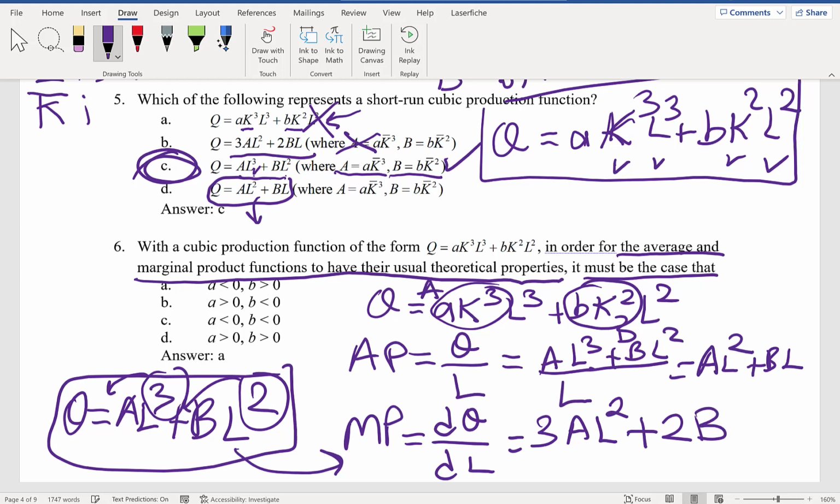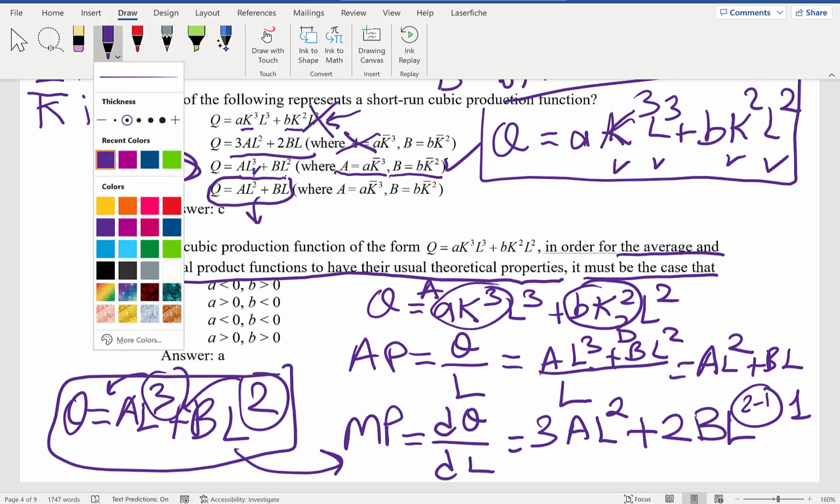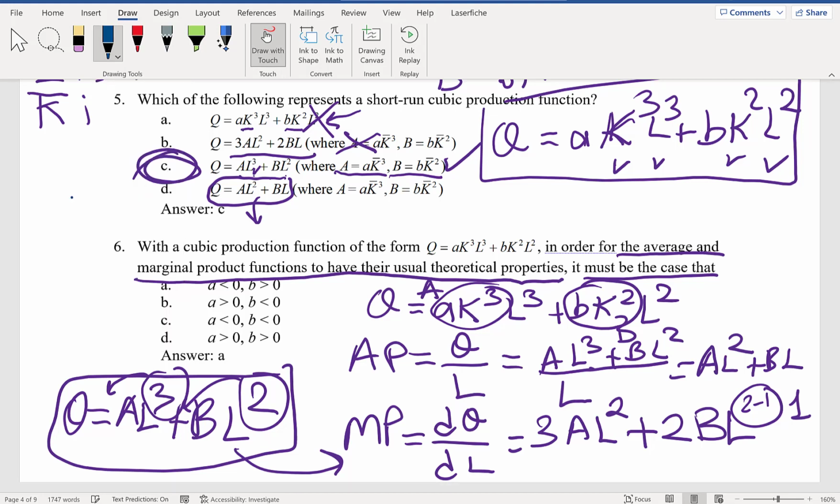That's all you need to know from differentiation. Don't be scared of calculus. 2 minus 1 is going to be 1, first power. So I just derived these. These have nothing to do with this question. Everybody's like, why did you do it? I did it because I just love to go over concepts while I'm solving questions.